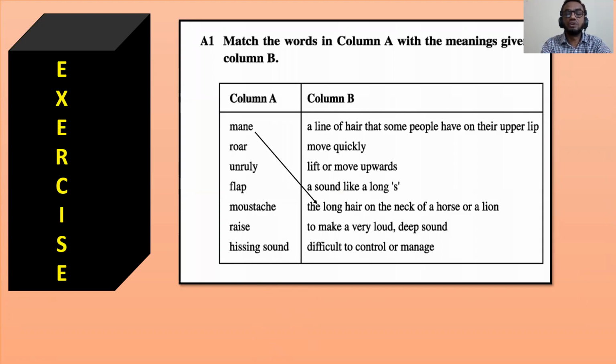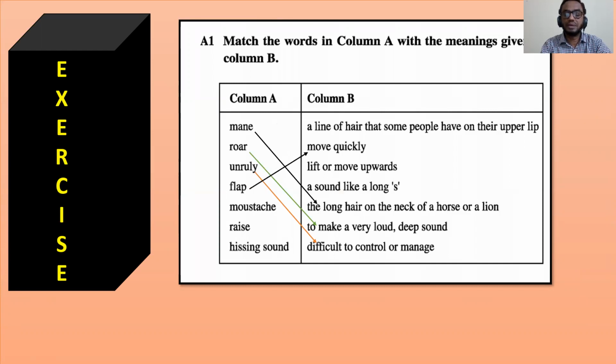Mane, the long hair on the neck of a horse or a lion. Okay? Is it correct? Very good. Roar, to make a very loud, deep sound. Okay? Then unruly, difficult to control or manage. Can you understand? Okay, very good. Now flap, move quickly.